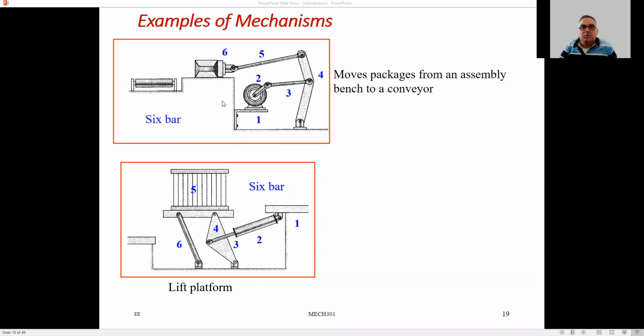The others are moving with respect to the ground. So the 4th link is moving with respect to the ground, okay? So you don't have a ground here and another ground here. All of them is ground and it is all one link. Do you understand? Ilker, do you understand? Okay. So let's go on.